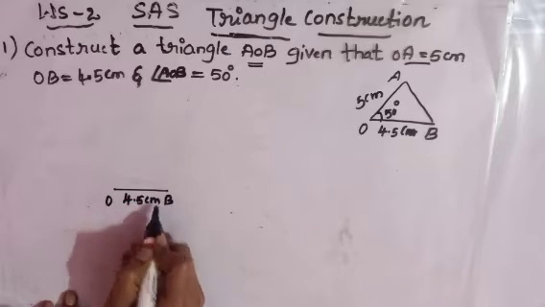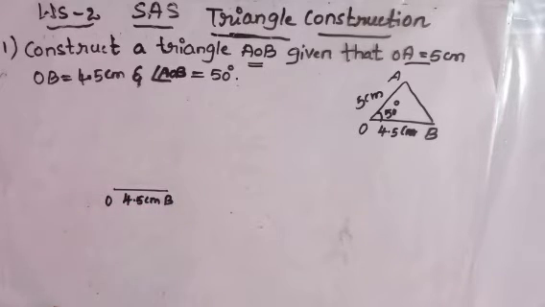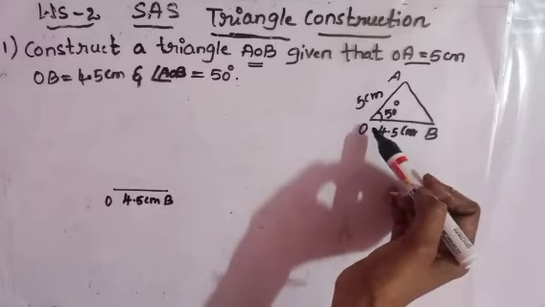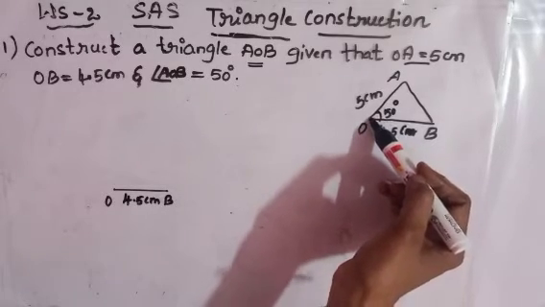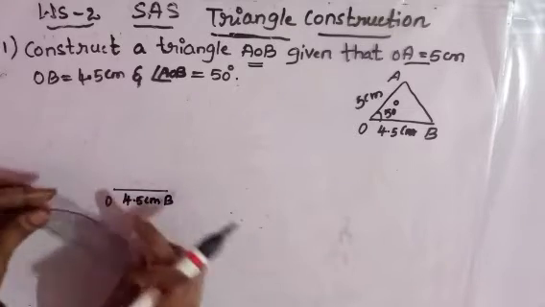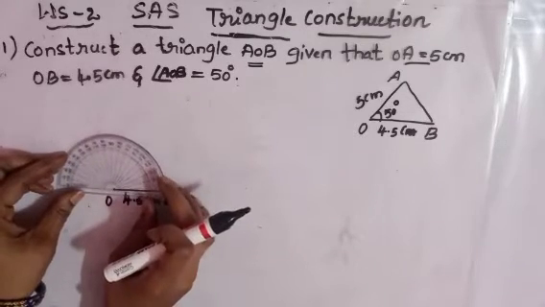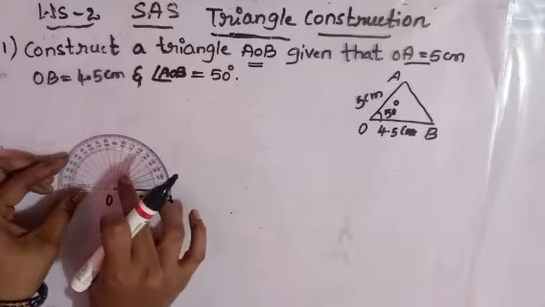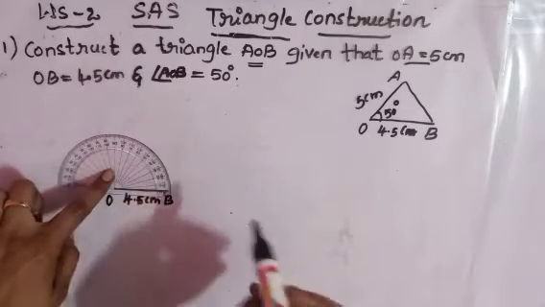Next we have to make an angle of 50 degree at point O. So with the help of protractor we have to make an angle. So place a protractor at point O and make an angle of 50 degree.